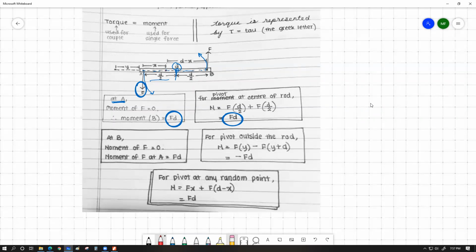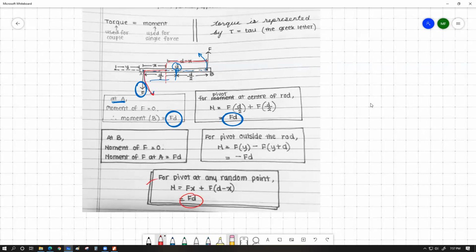Let's say the distance of the left force is X, and the distance of the right force is D minus X. So the total couple produced would be an anti-clockwise moment of F into X plus F into D minus X. If you do the mathematical sum of this, you still end up with FD.